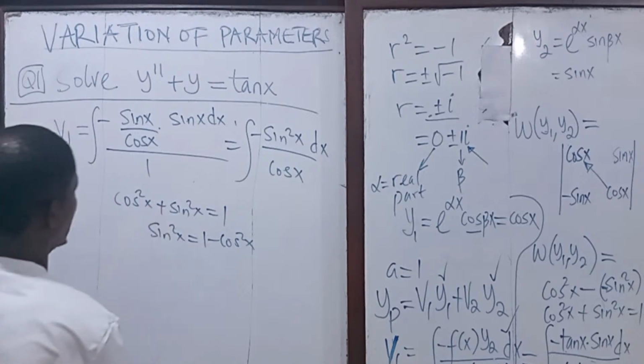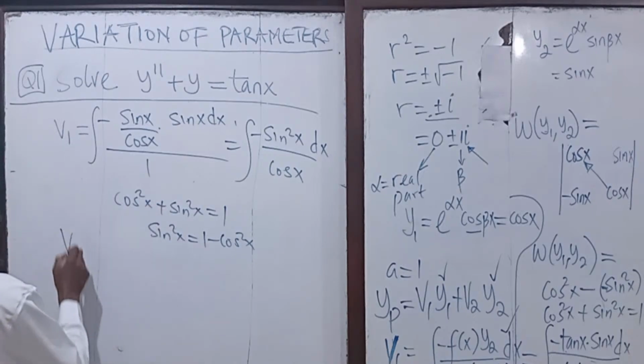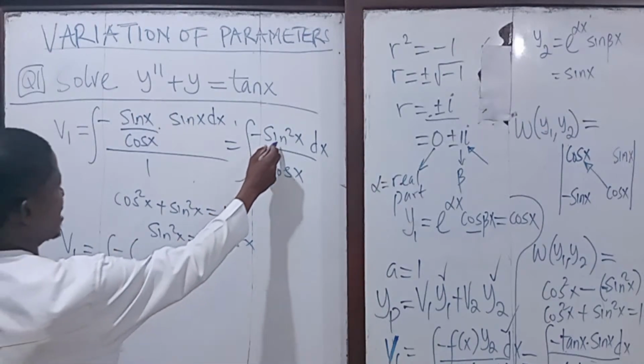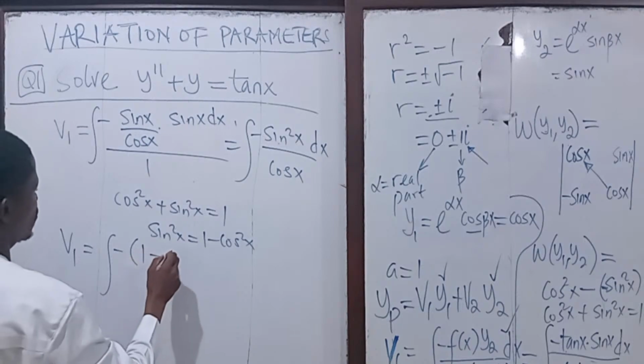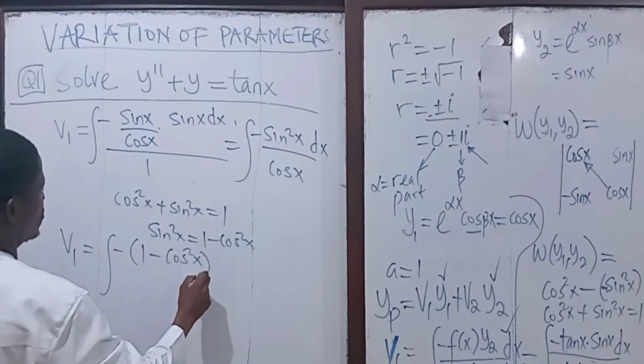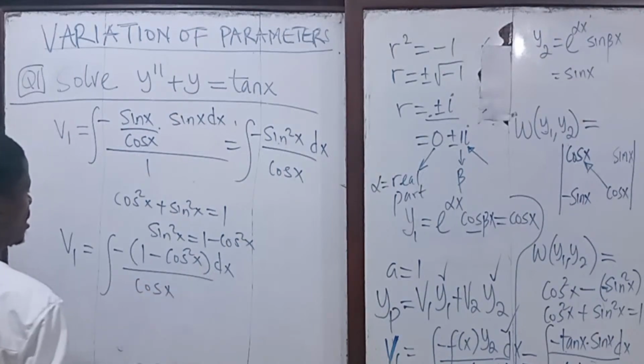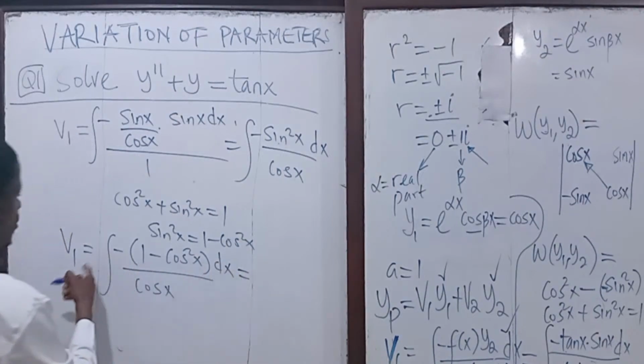So this will now become V1 equal to the integral of minus my sin square x, which is 1 minus cos square x, dx over cos x. Let's take this minus outside.